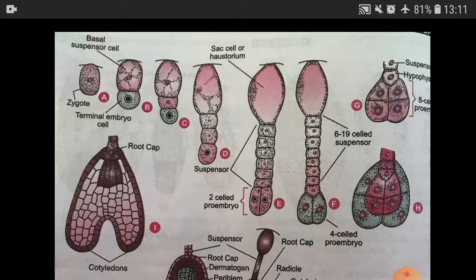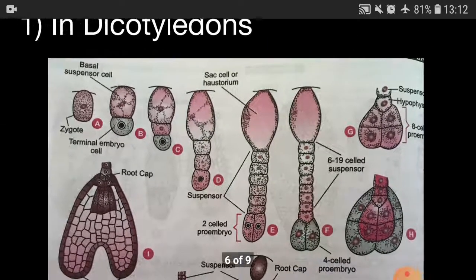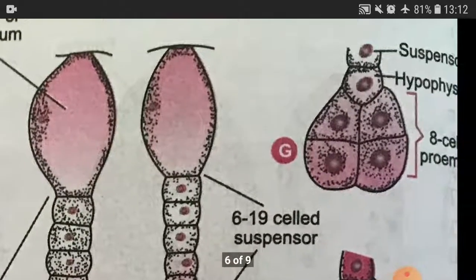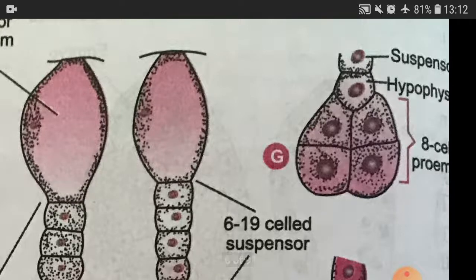Now the suspensor cell situated at the terminal end of the suspensor, which is in contact with the globular proembryo, is known as hypophysis. You can see here in the diagram. The hypophysis divides by transverse and longitudinal divisions to form 3 tiers of cells.